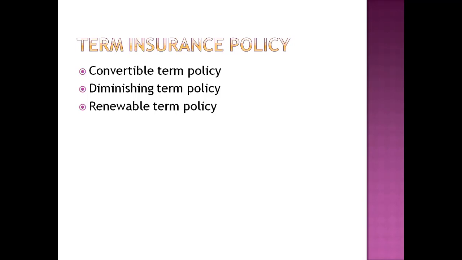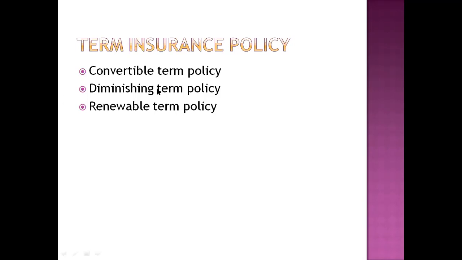Convertible means the insured under this policy has the facility to convert it into a whole life or endowment policy. You, as the insured, can convert your policy from one to another. You have to inform the insurance company and convert it.